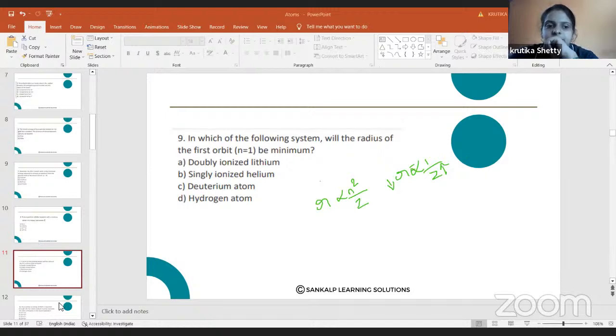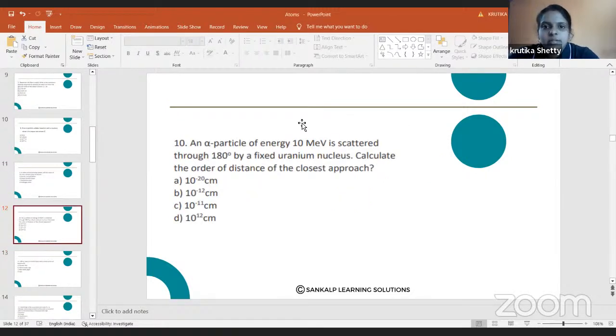Next question. So here is our next question: an alpha particle of energy 10 mega electron volt is scattered through 180 degree by a fixed uranium nucleus. So here we have the alpha particle and its energy is 10 mega electron volt.